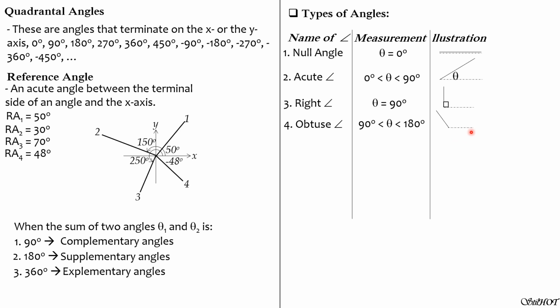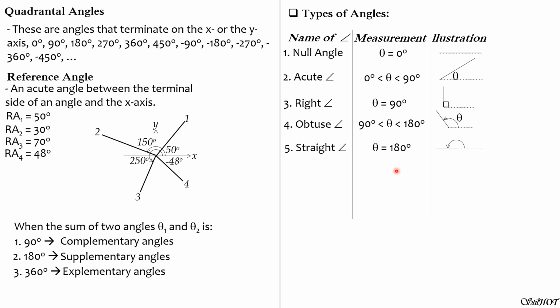And let's illustrate it as shown. Next is the straight angle. Theta is 180 degrees. So the initial and the solid line terminal side or ray would be opposite to each other as shown in the figure.